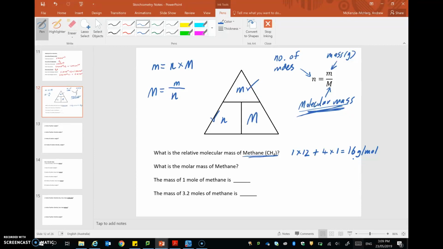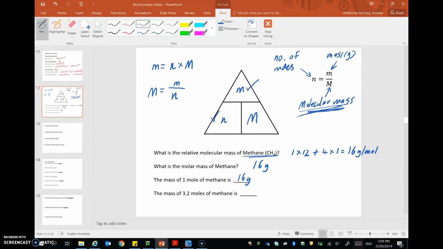Now, this will become more familiar to you as we go along. The molar mass of methane. Well, look, that's pretty much the same thing, except here we just need to say 16 grams because we're asking the molar mass. How much does 1 mole of methane weigh? 16 grams. So the mass of 1 mole of methane is 16 grams.